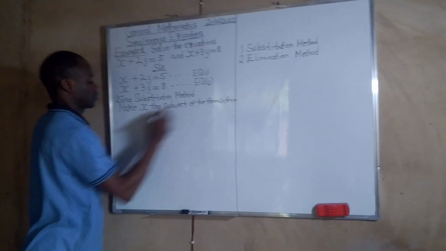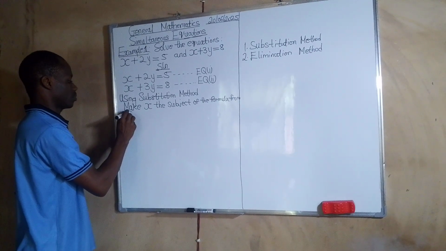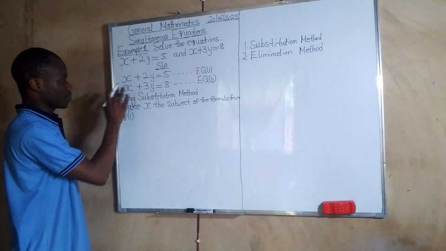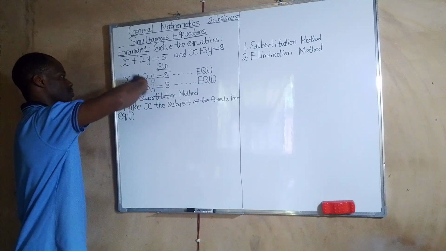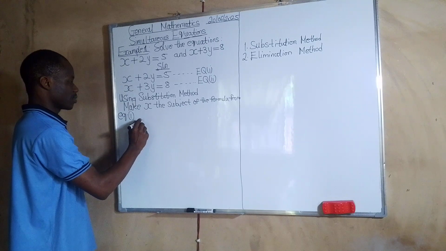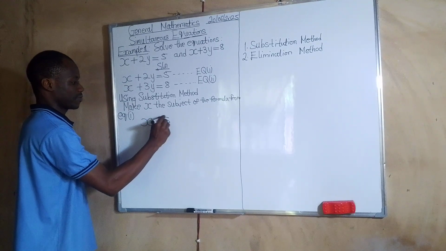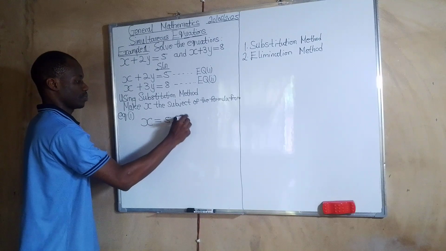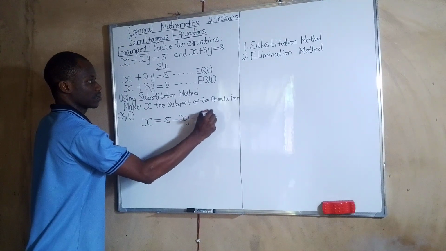To make x the subject of the formula, we take the plus 2y, it crosses the sign of equals to, and it becomes minus 2y. So it becomes x equals 5 minus 2y. We identify that as equation 3.